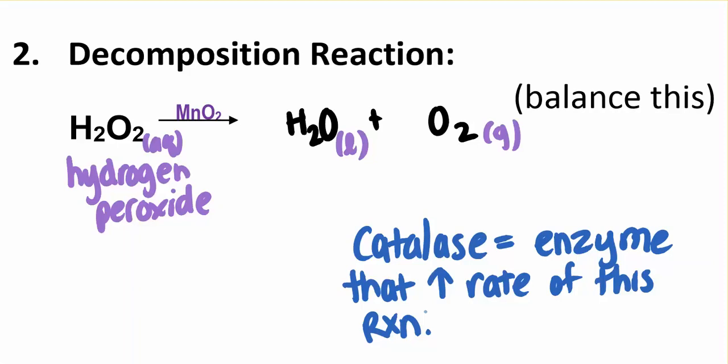Hydrogen peroxide is formed in our bodies sometimes during the oxidation process of when we're burning food, and so we have an enzyme to decompose it, because hydrogen peroxide is kind of harsh.